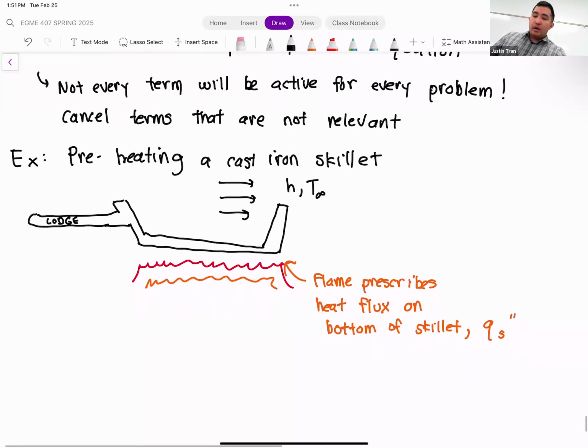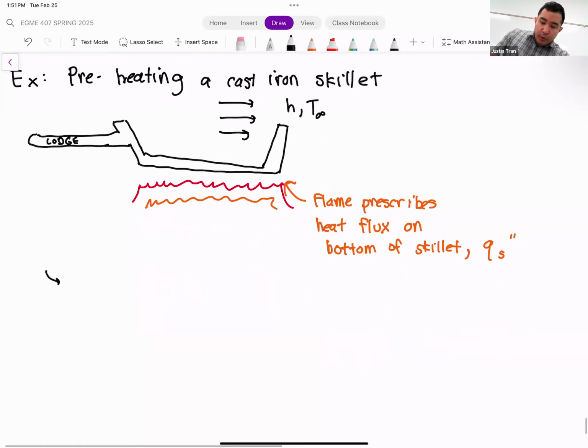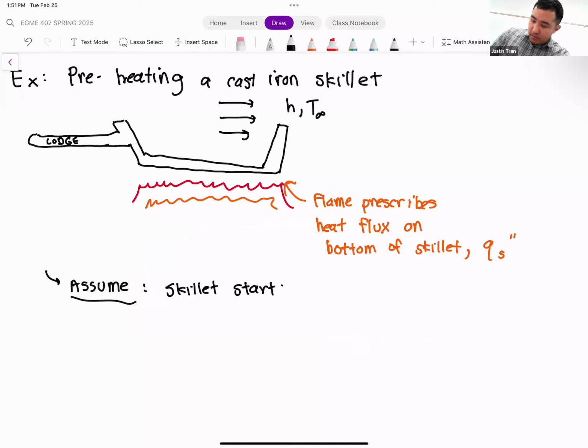Okay. All right. So let's assume that we're preheating this just from neutral. So we're going to assume that the skillet starts at room temperature. Okay.